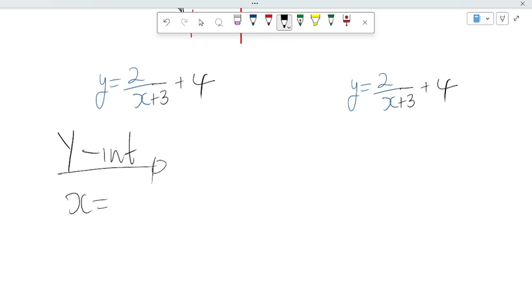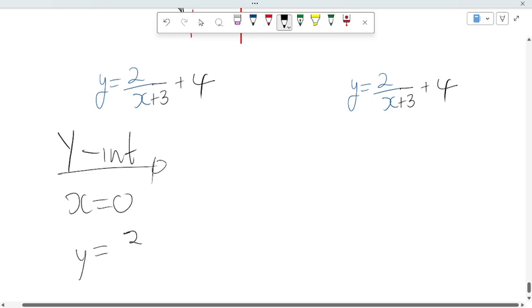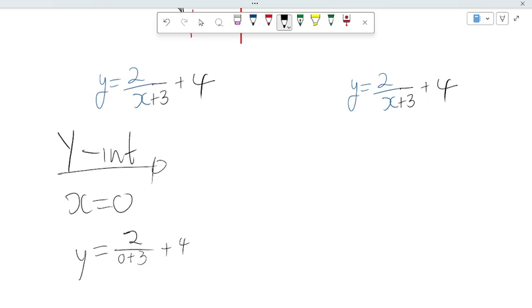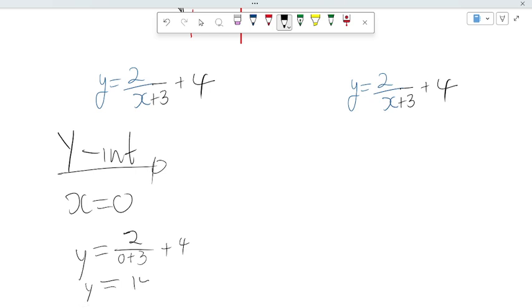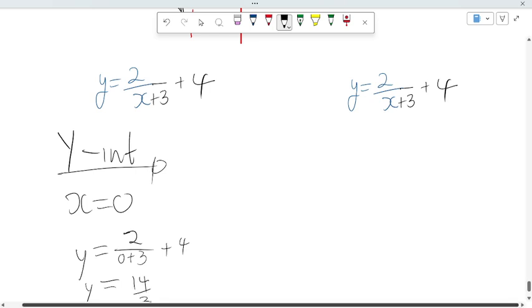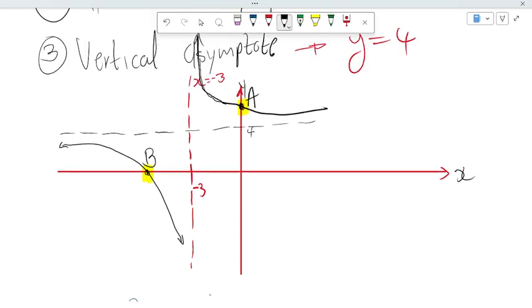So we're going to put x is equal to 0. Then y is equal to 2 over 0 plus 3, plus 4. So what is the y value? The y value will be 14 over 3. That's the y value, at A. 4 comma 6 there.